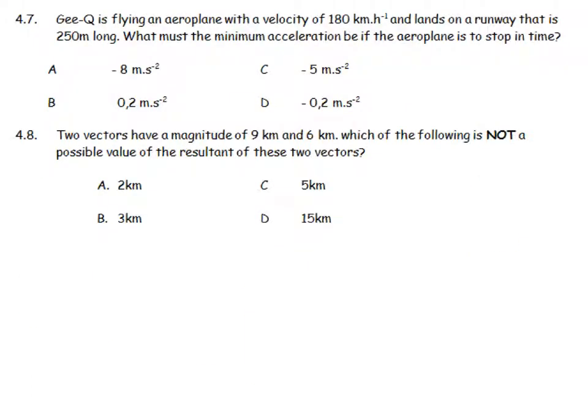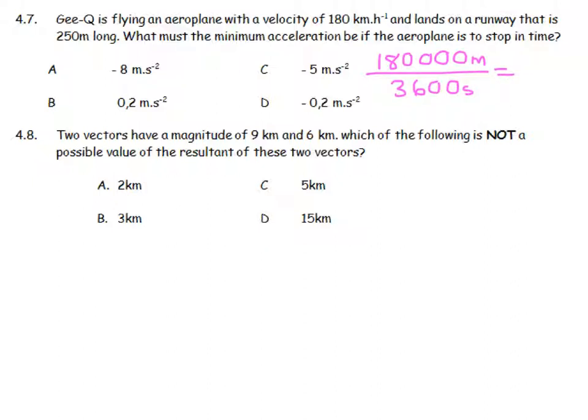GQ is flying an aeroplane with a velocity of 180 kilometers per hour and lands on a runway that is 250 meters long. What is the minimum acceleration for that aeroplane to stop in time? The first thing that I'm going to have to do is change that 180 kilometers per hour into meters per second. So we're going to need to go 180,000 meters divided by 3,600 seconds.